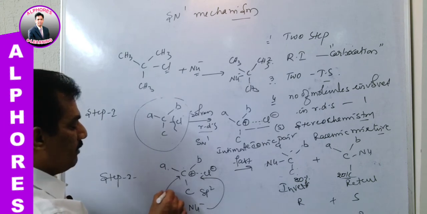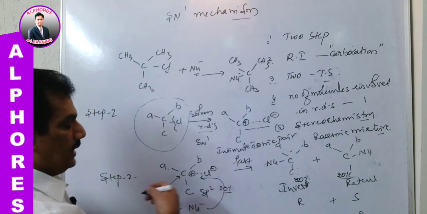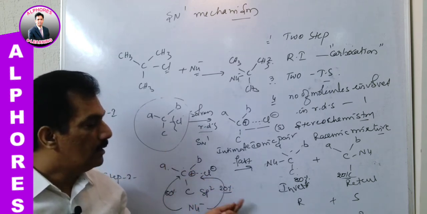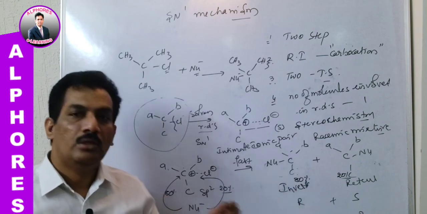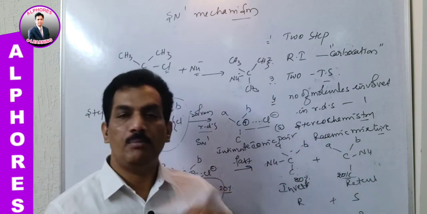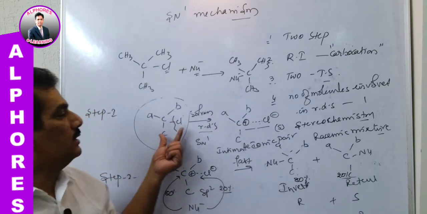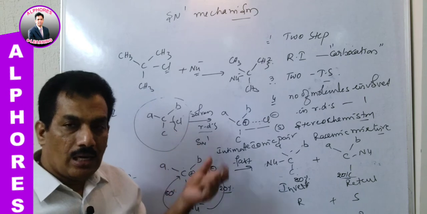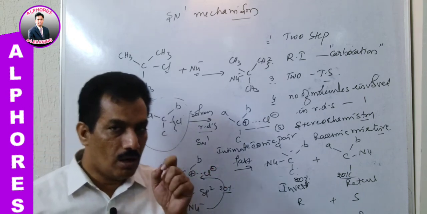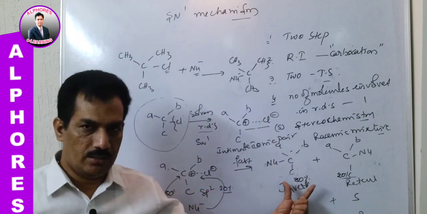So this side has 80% and this side has only 20% attack. Are you following? Like that, 80% inversion and 20% retention will happen in the formation of the racemic mixture. And this happens when the tertiary alkyl halide has stereomerism. That is, if it is an optical isomer, then only can we expect this type of mechanism.